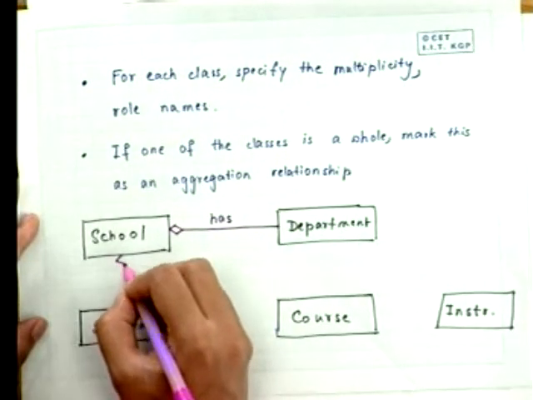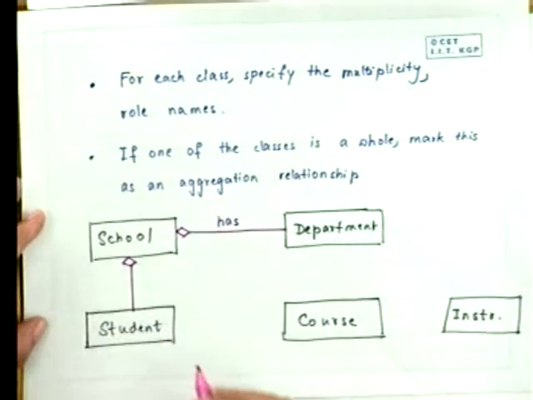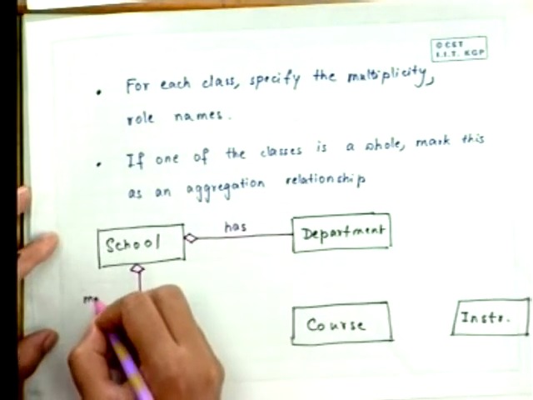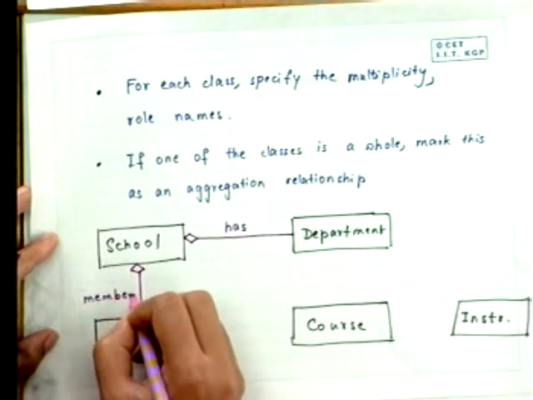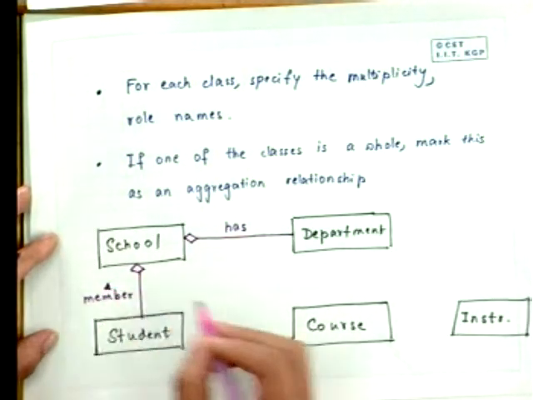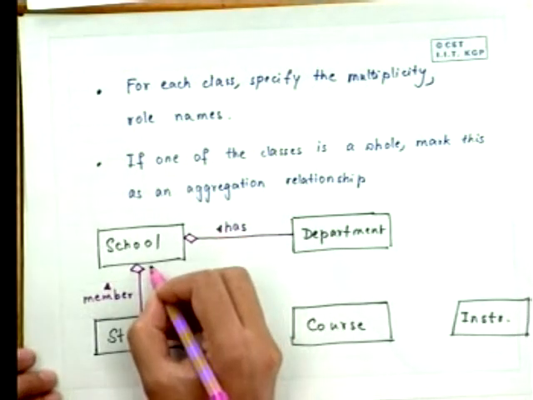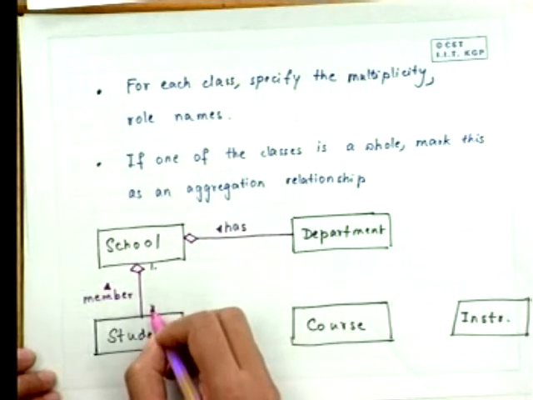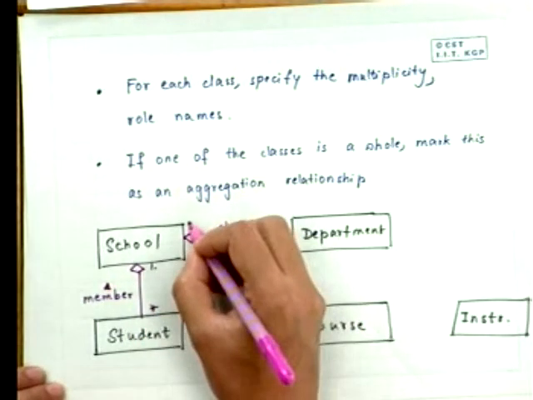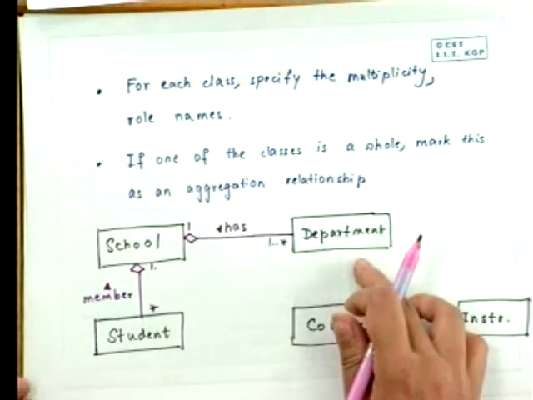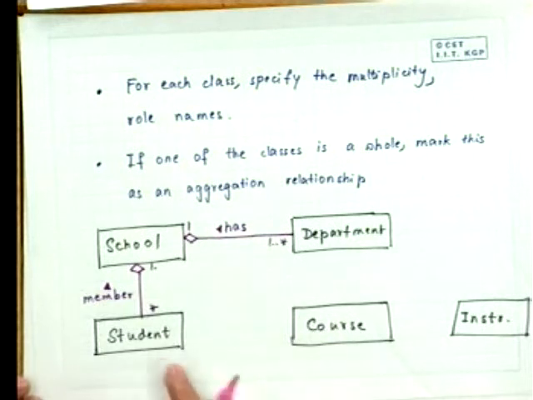Similarly, there is also an aggregation relationship between school and student, and the name of this relationship is member. The direction is in this way. Here also we may put the direction in this manner, and we can give the multiplicity of the relationship. Then there will be a relationship between student and course, because the student attends the courses.